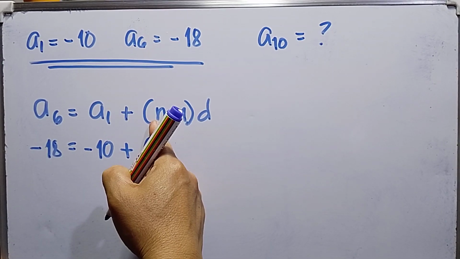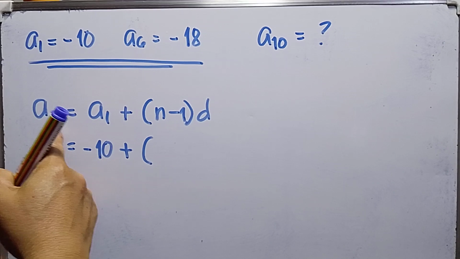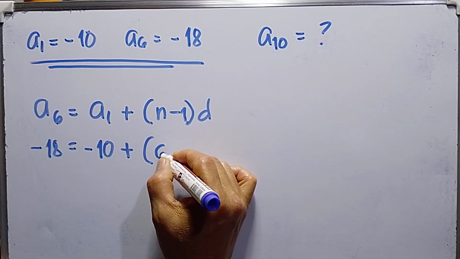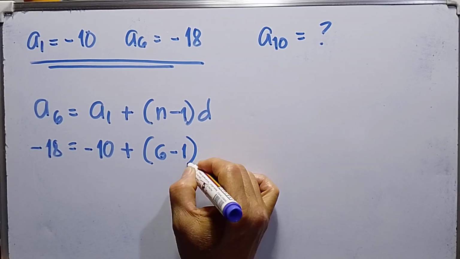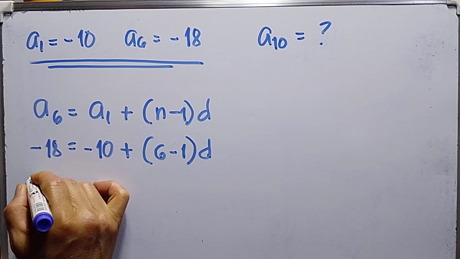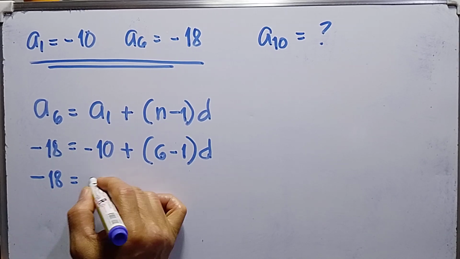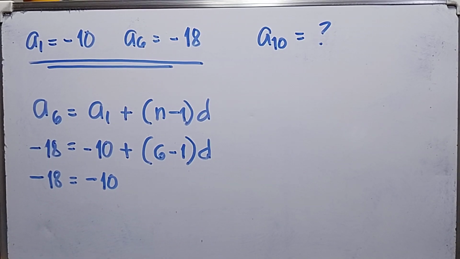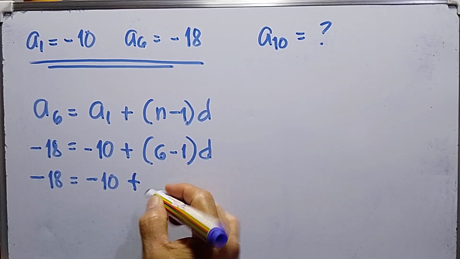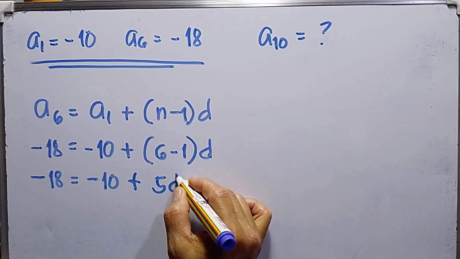Now what's my n? Since from my a sub 6 the subscript is 6, I will use 6 minus 1. Then the unknown is the difference. So this is negative 18 is equal to negative 10 plus 6 take away 1, that is 5 times d.